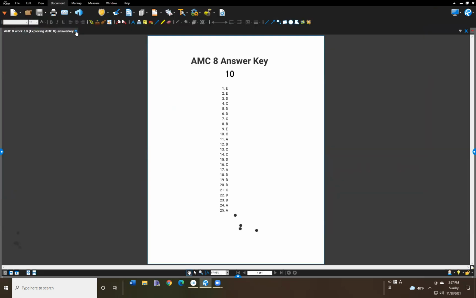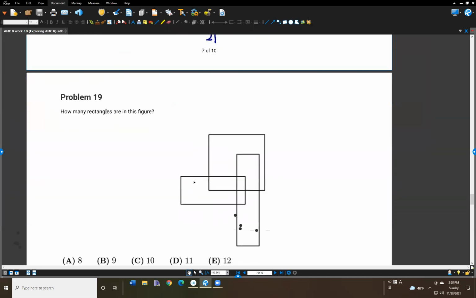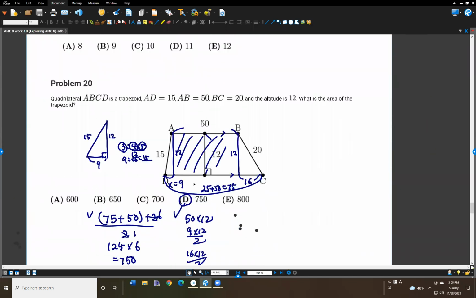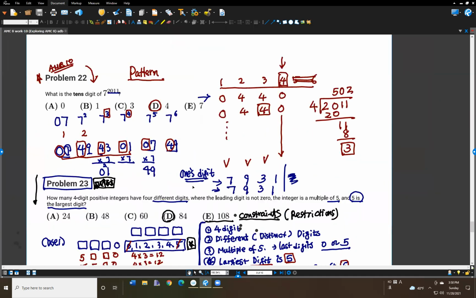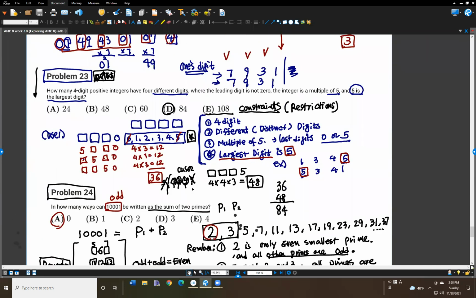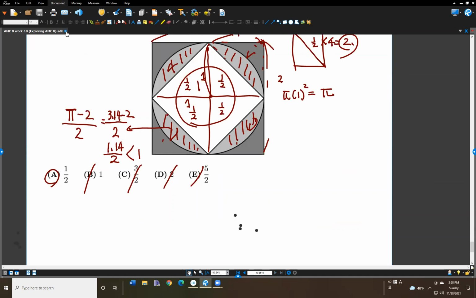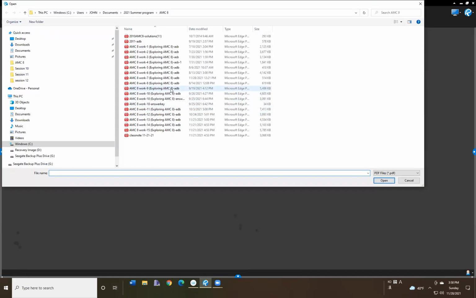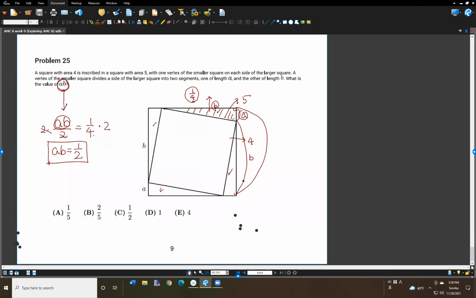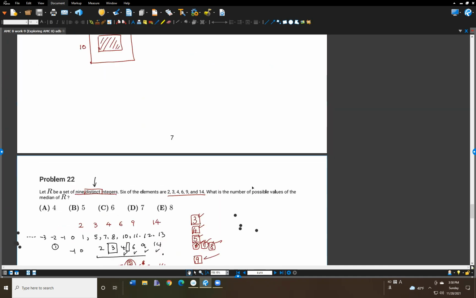This is the answer key. From here, 22, 24, 24. Yeah, this also we did. 10, we finished it. Okay, 9. 9 also we did it. Wow, we did a lot.